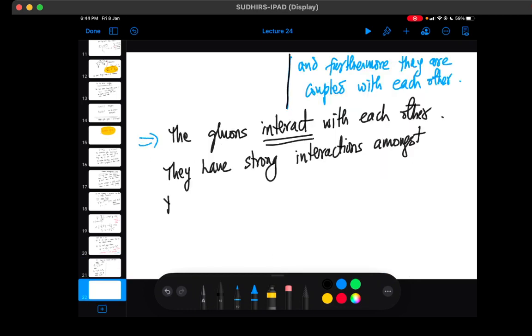And why is this so? Because the gluons also carry color.